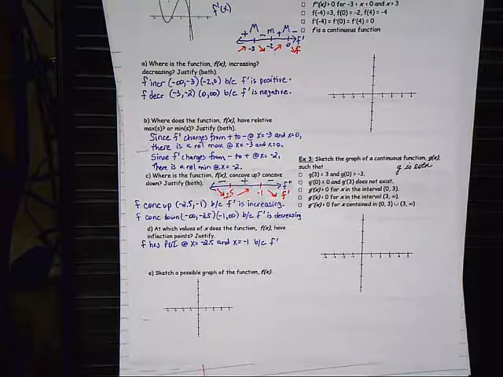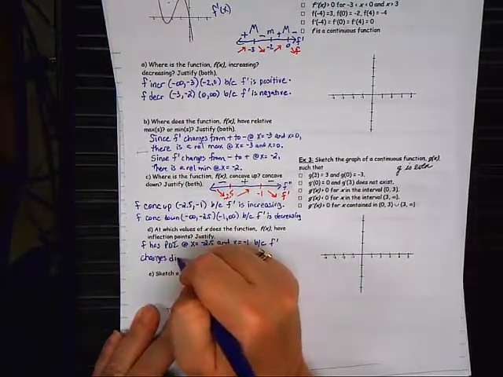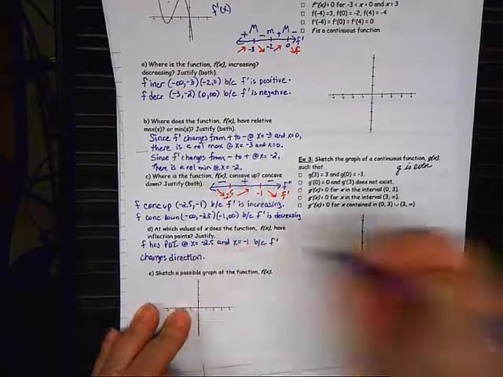Direction. It's not changing sign. It's changing direction. Does that make sense? It's changing from increasing to decreasing or vice versa. I don't want to write that, it takes too long. I'd rather write the word direction. So F prime changes direction. Period.